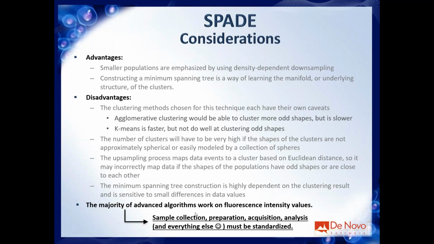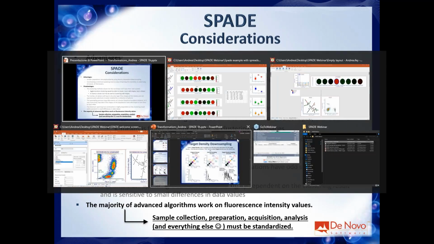Because if you're dealing with files that differ because of technical variability, SPADE doesn't know that it's technical variability, so it will map that technical variability as well. So if you can reduce the technical variability, then you can really rely on what SPADE is spitting out.